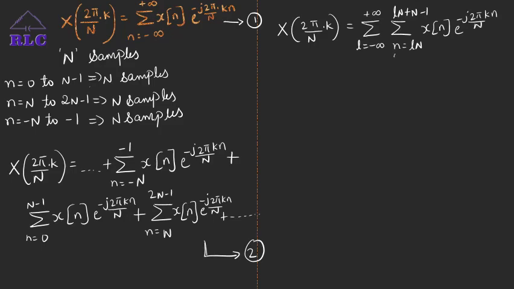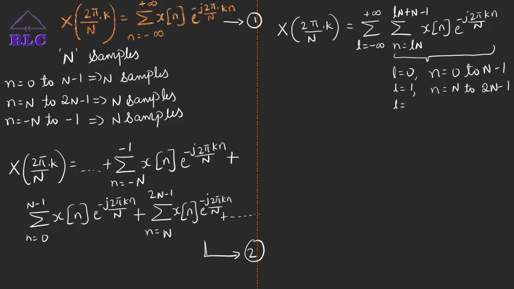Now consider the inner summation here. In the inner summation, if I put L is equal to 0, then n ranges from 0 to N minus 1. We will get N samples. If I put L is equal to 1, then n ranges from capital N to 2N minus 1. Again we will be having N number of samples.